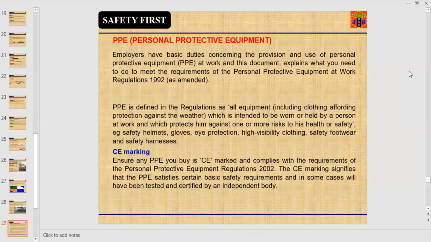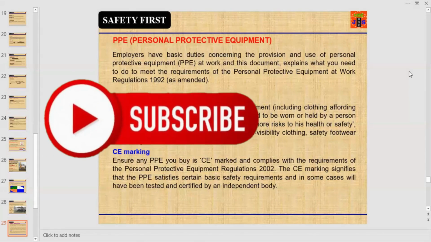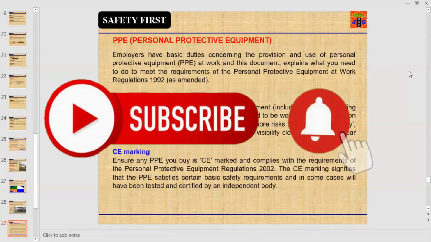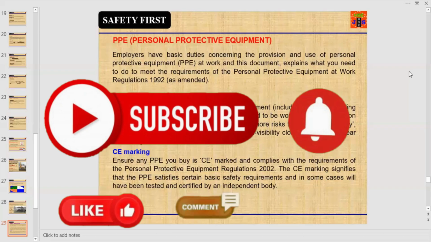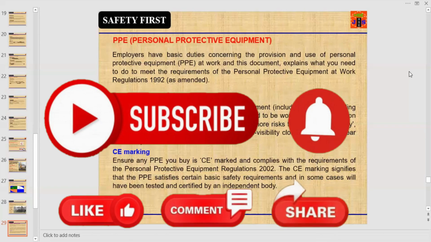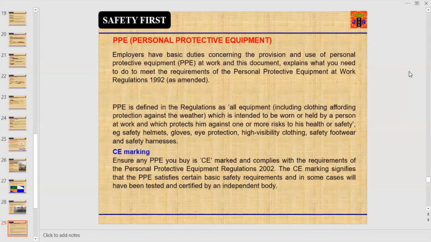PPE is defined in the regulations as all equipment, including clothing affording protection against the weather, which is intended to be worn or held by a person at work and which protects him against one or more risks to his health or safety. For example, safety helmets, gloves, eye protection, high visibility clothing, safety footwear, and safety harnesses, etc.